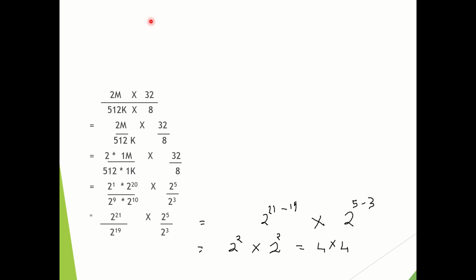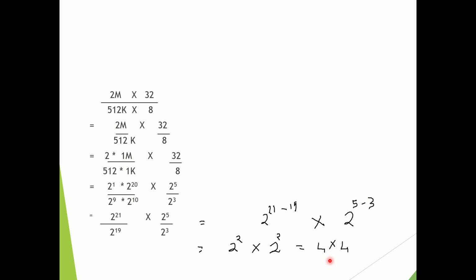That is, the row size of the required memory divided by the row size of the chip, and the column size of the required memory divided by the column size of the chip. So we divide the values, and we get 4 by 4.